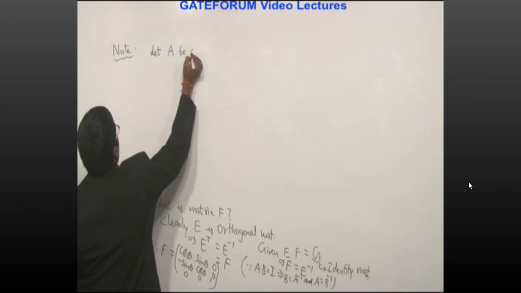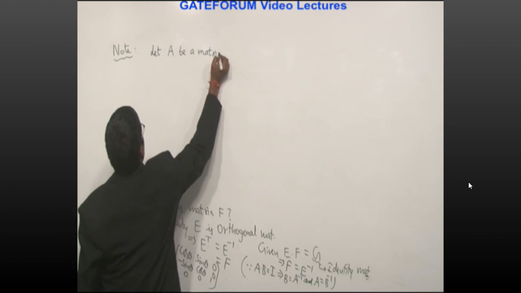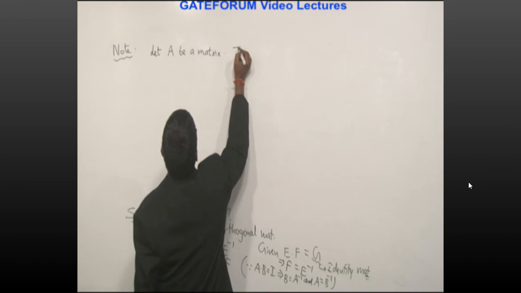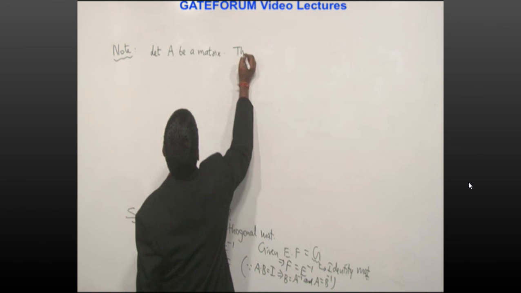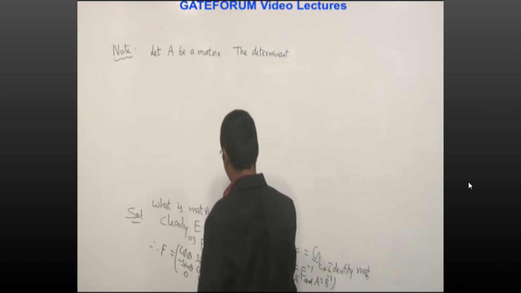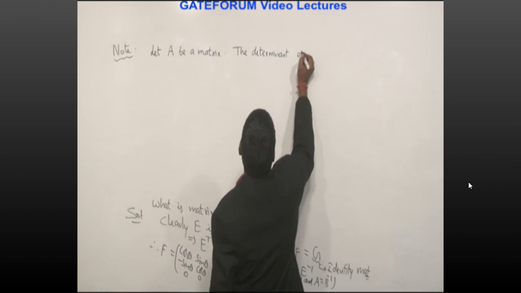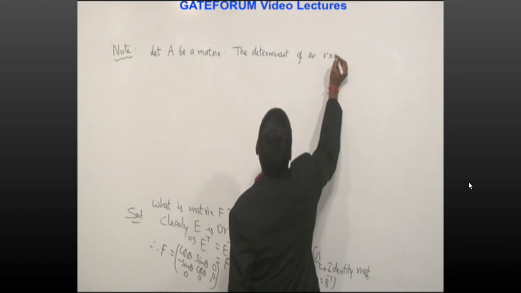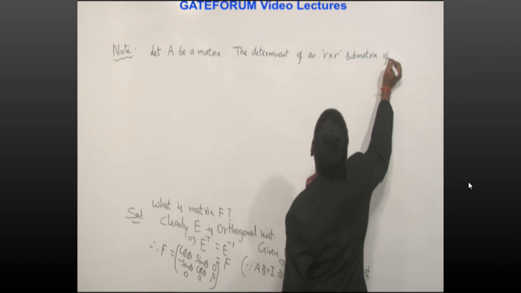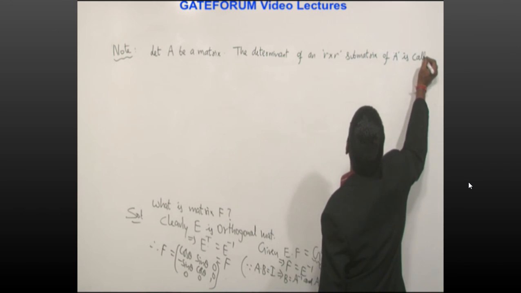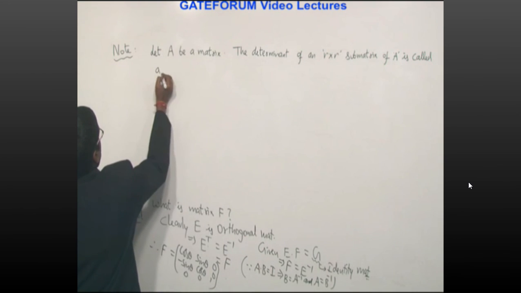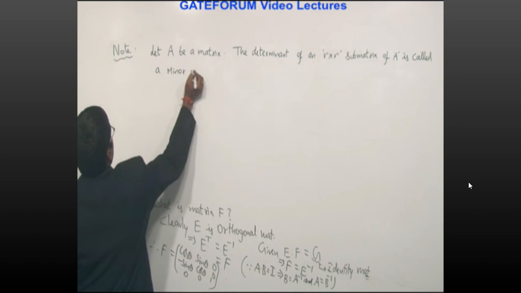Let A be a matrix, which is either a square matrix or a rectangular matrix. The determinant of an R cross R submatrix of A is called a minor of the matrix.